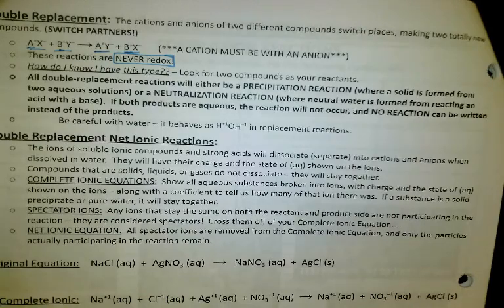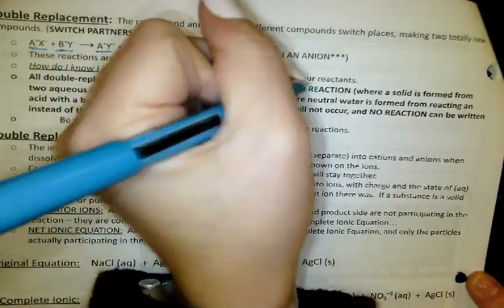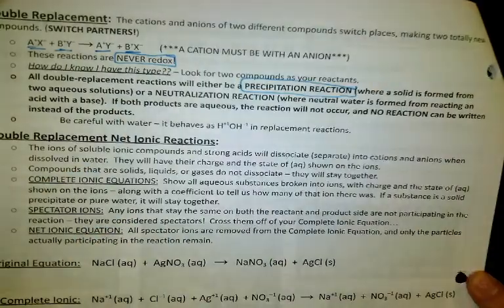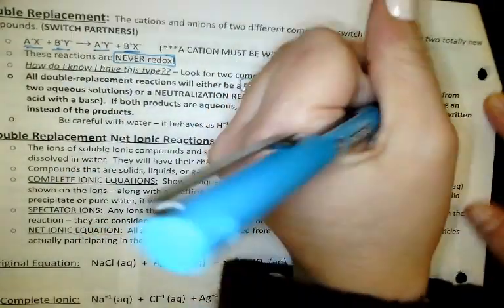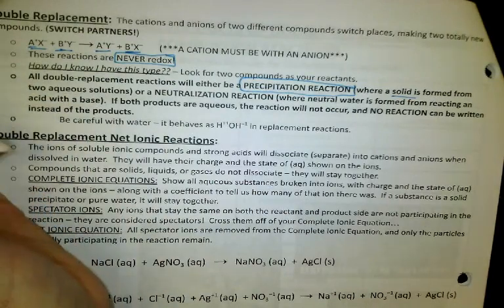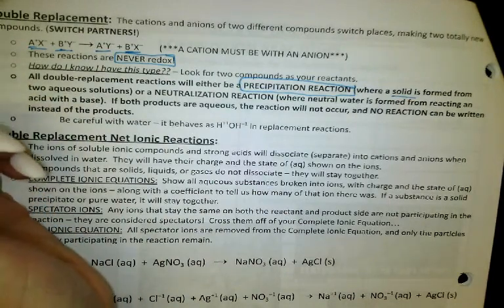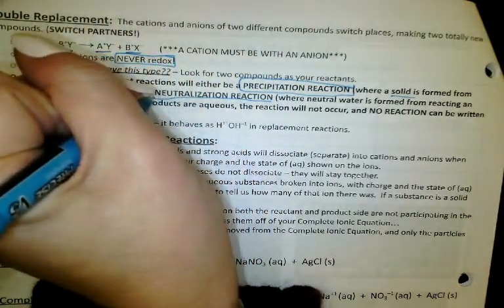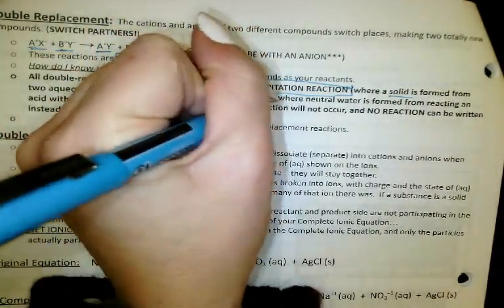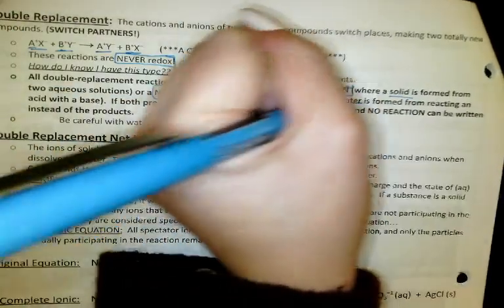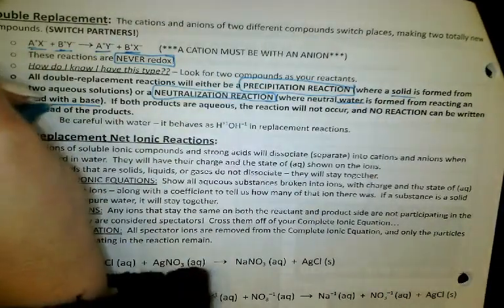Now, all double replacement reactions will either be a precipitation reaction, where a solid is formed from two aqueous solutions, or a neutralization reaction, where water is formed from an acid and a base.